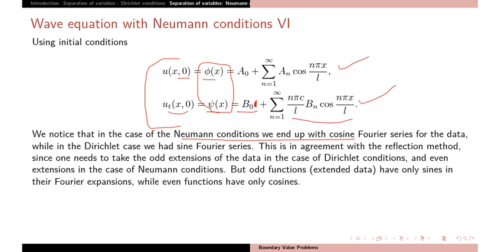And what will b_n be? This will be 2 by L, integral from 0 to L of psi x multiplied by cos n pi x by L. And here the coefficient is not b_n, it is n pi c by L times b_n. And we know how to solve that Fourier series.